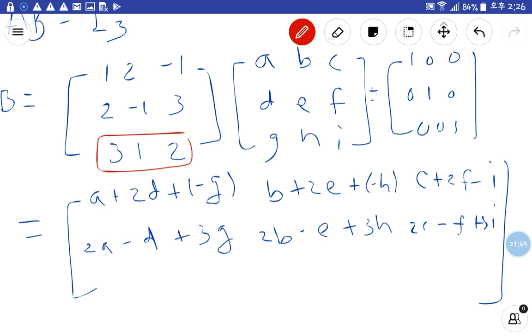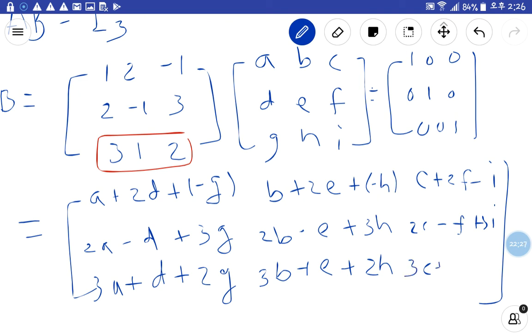Okay, let me just double check it. I don't want to make a mistake. 2b minus e, 3h, and then c, f, and i. Okay, so let me go into my next one. 3a plus d plus 2g. 3b plus e plus 2h. 3c plus f plus 2i.